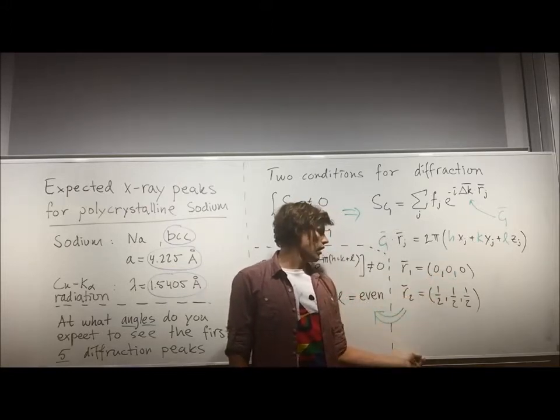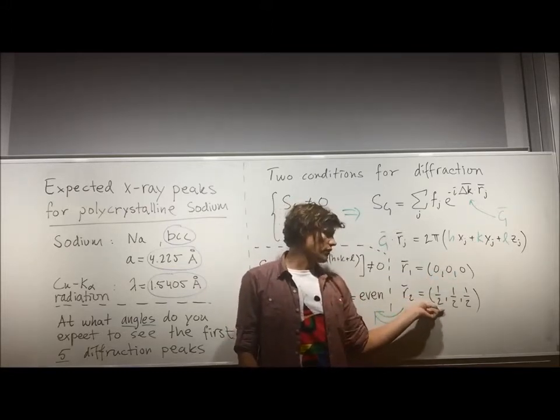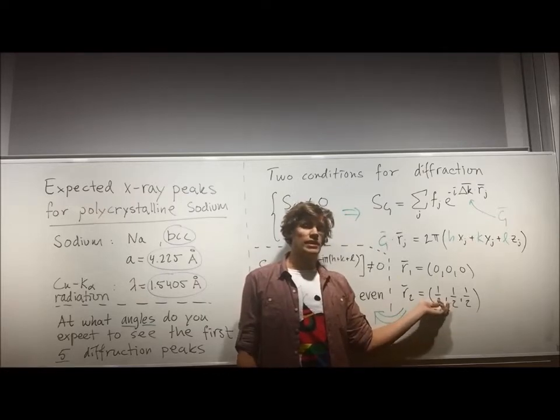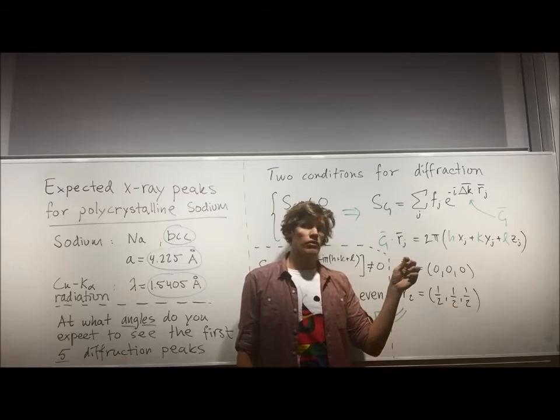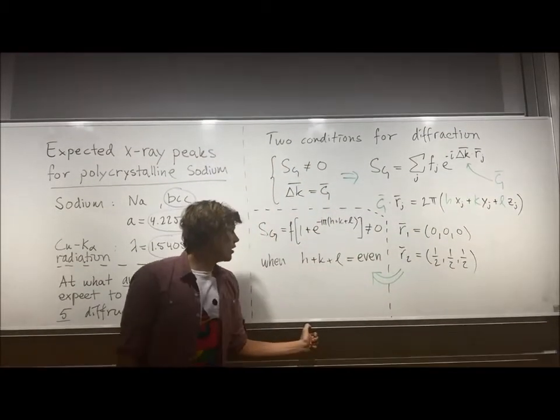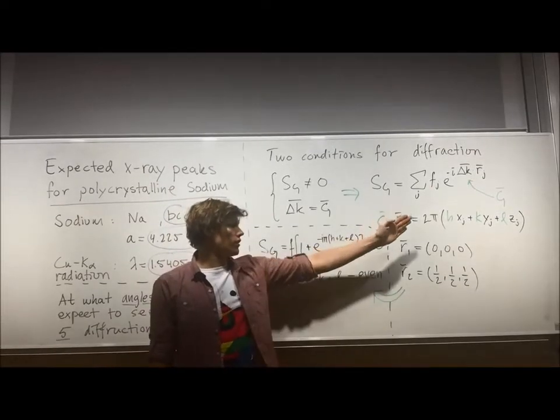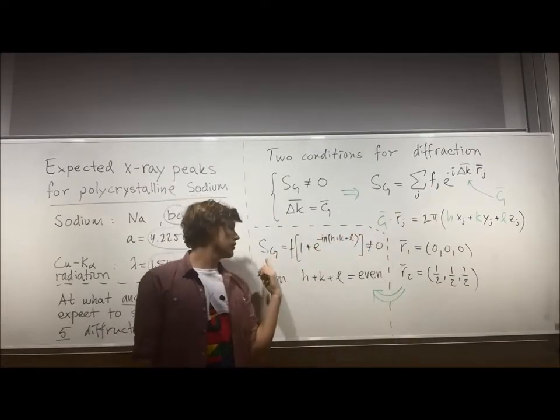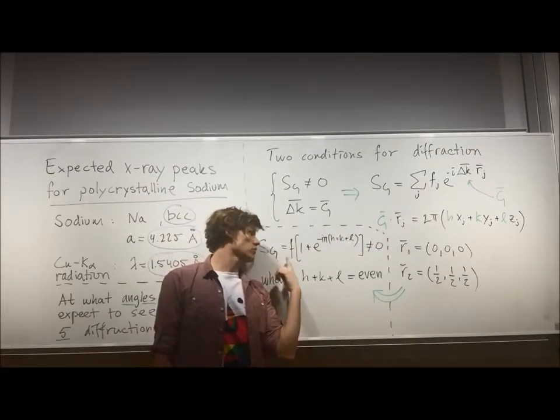And then you also have an atom, since it's a BCC, in the middle of the cube. So if you do that and calculate the sum, you get a structure factor which is proportional to this.